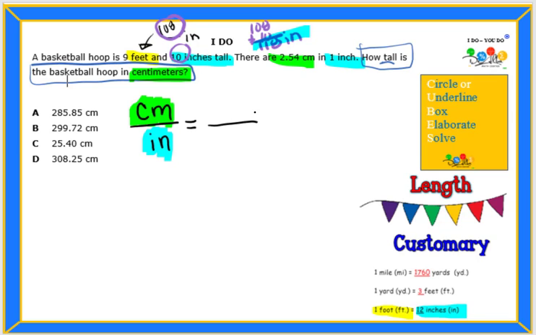The basketball hoop I figured out is 118 inches, and the inches we've put in the bottom. That's how we labeled it. We're going to color code that. And we are looking for the centimeters. The answer needs to be in centimeters, so I'm going to call that C.